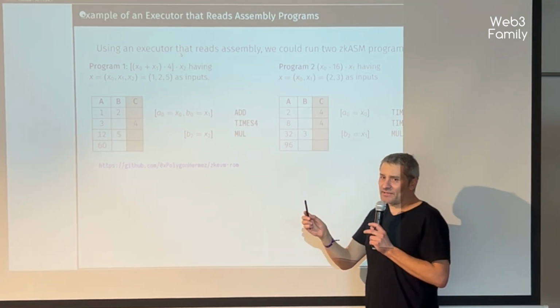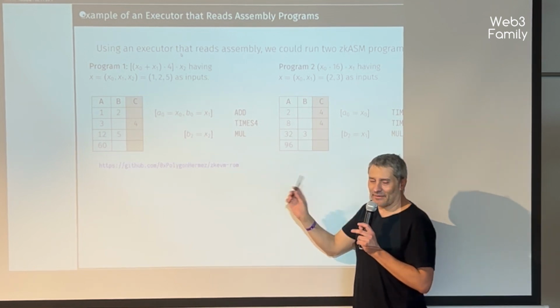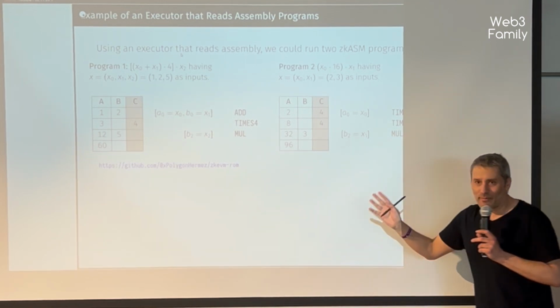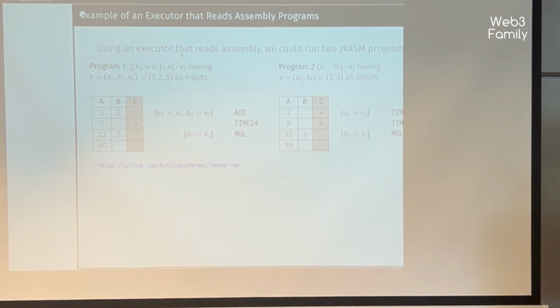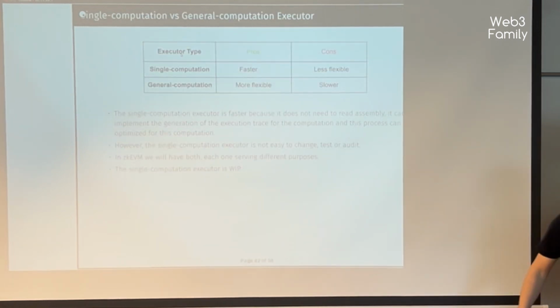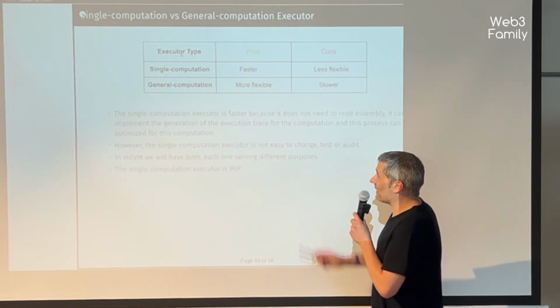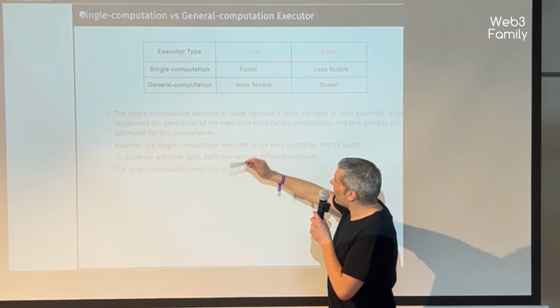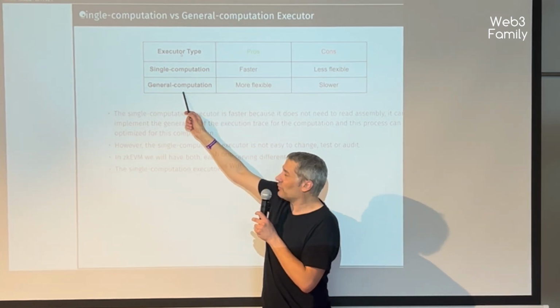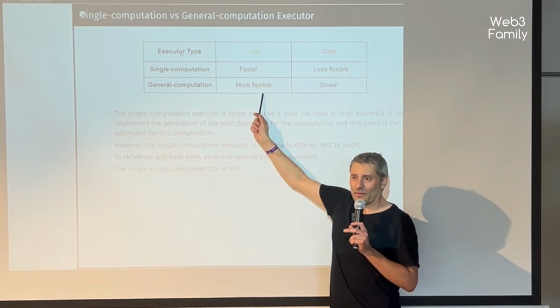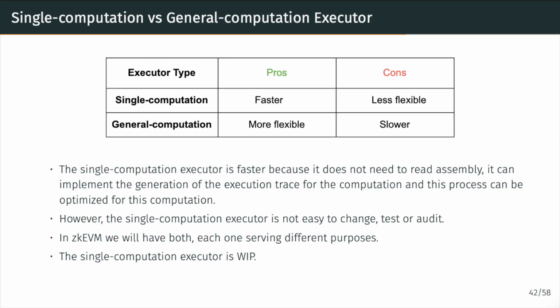Our plan anyway is also, and I'm going to show you the problem of this general purpose executor. It is much more flexible. We can change what we prove just by changing the assembly a little bit, okay?